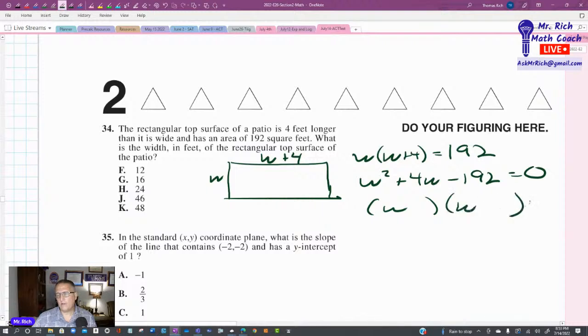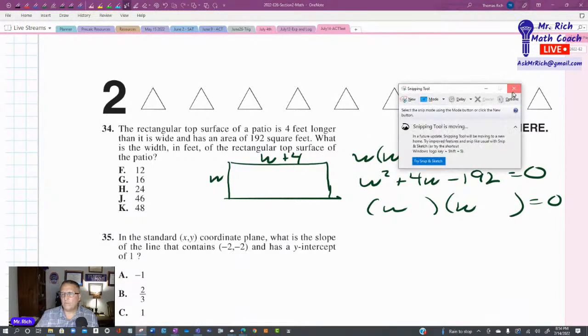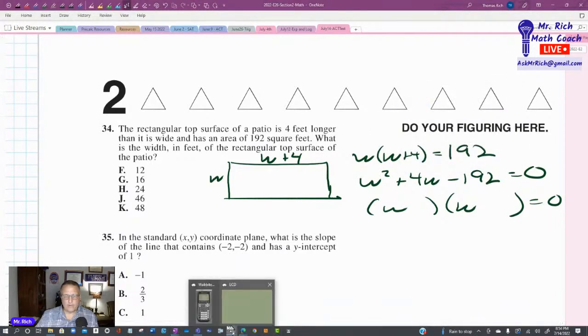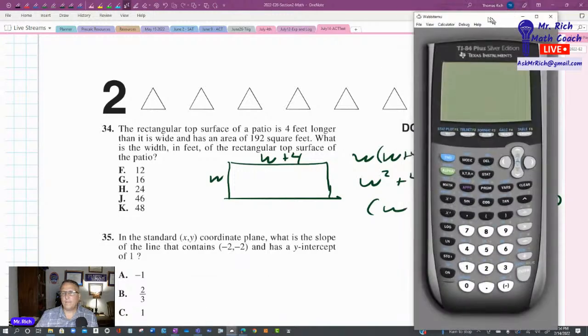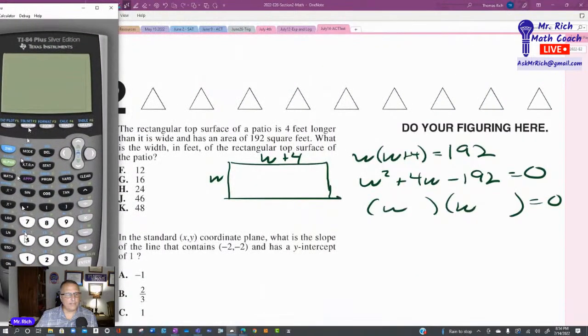Now I'm not sure how I'm going to factor that, but I'm going to look at my answer choices maybe to guide me. I'm going to use my calculator. I'm going to take my 192 and divide it by 24. 24 and 8, those are not close enough together.